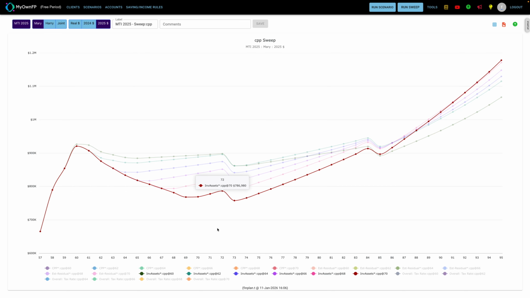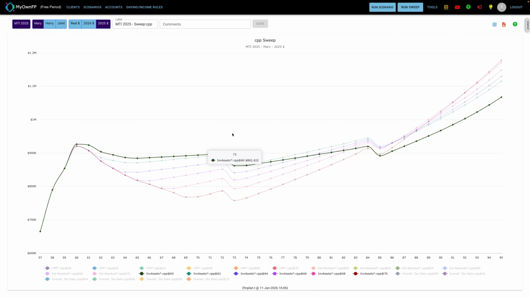If we look at the top, CPP at 60 is always going to be the top for a while. Let's see where that breaks. So 73, 74, 62 takes over.